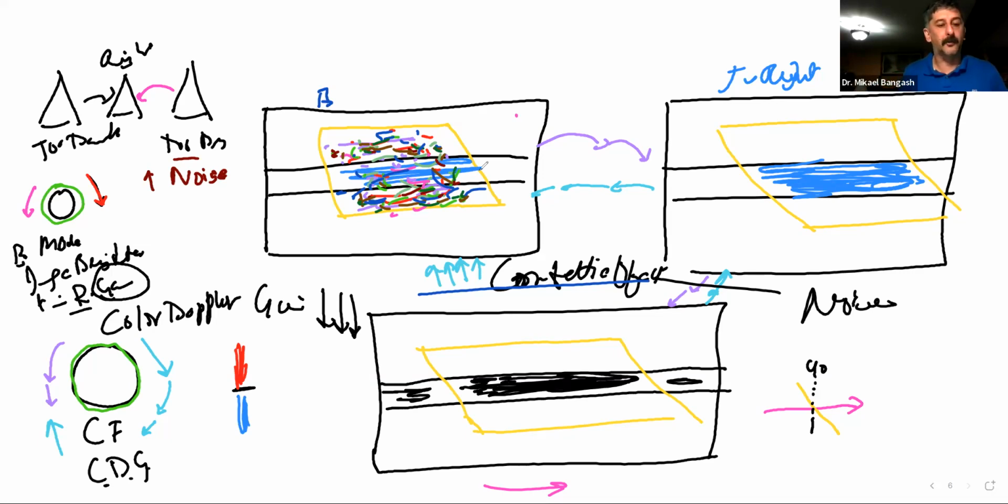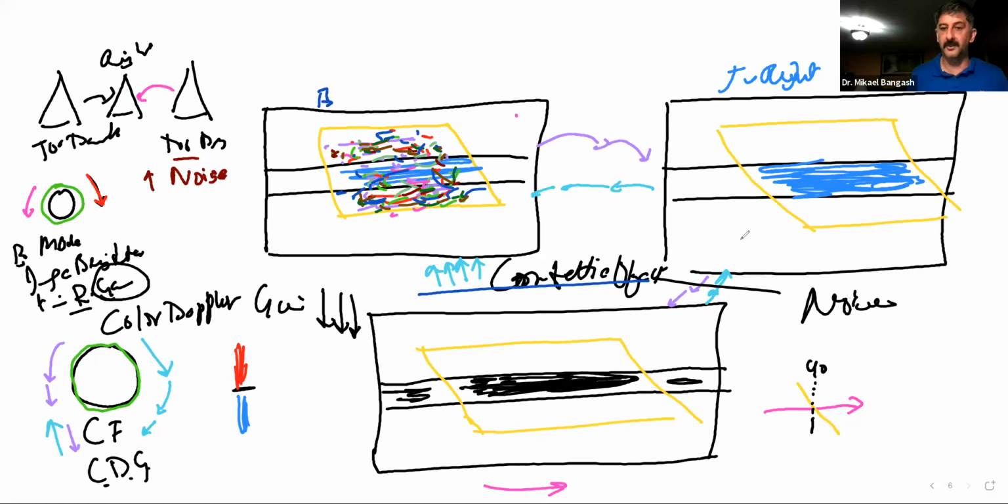Control wise, this is how you may control it. A clockwise rotation on your color flow is going to increase your color Doppler gain from 0.